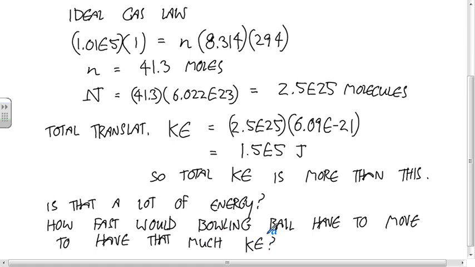So let's say that a bowling ball has a mass of 7 kilograms. Then 1.5 times 10 to the fifth, that's the total energy in the gas, is equal to the kinetic energy of a bowling ball, 1/2 times its mass times the speed squared.